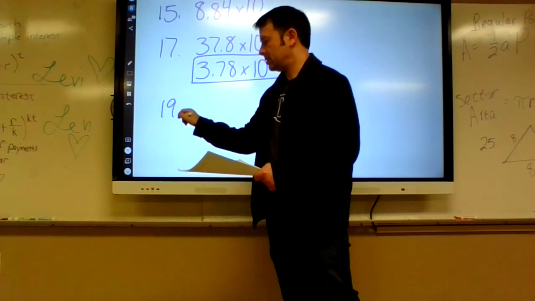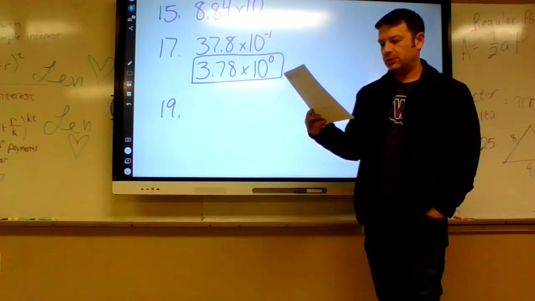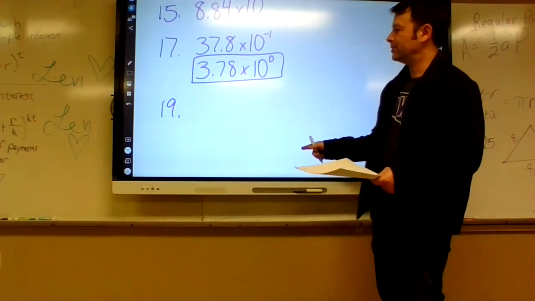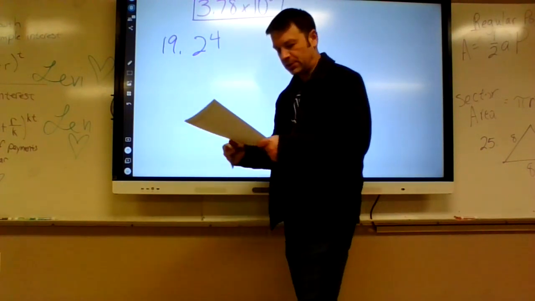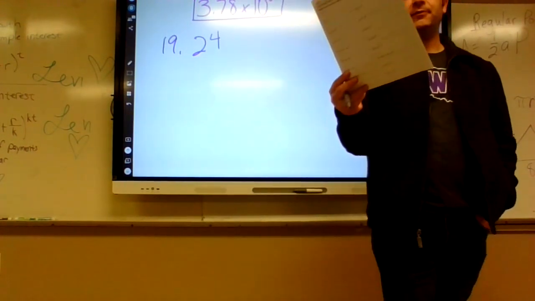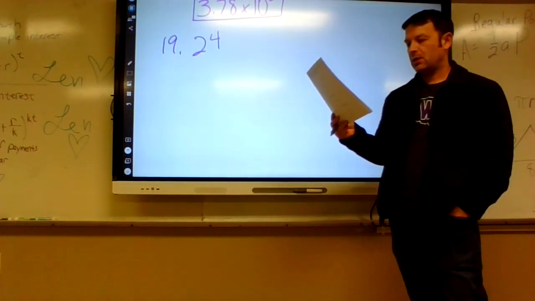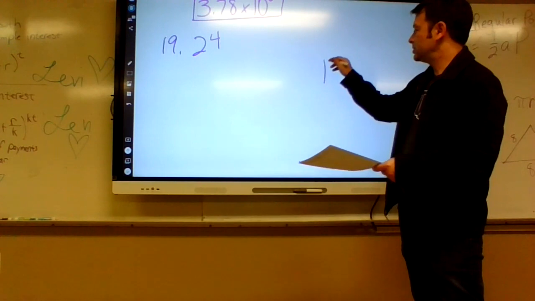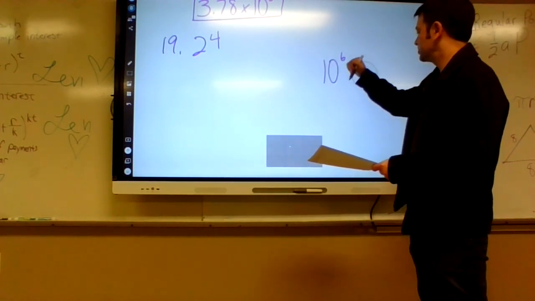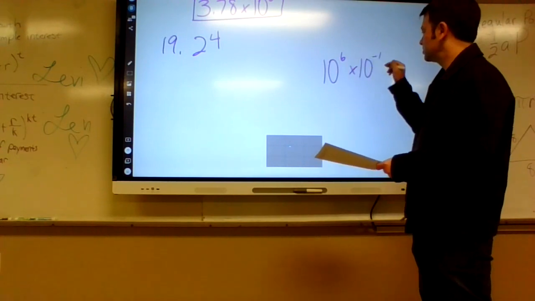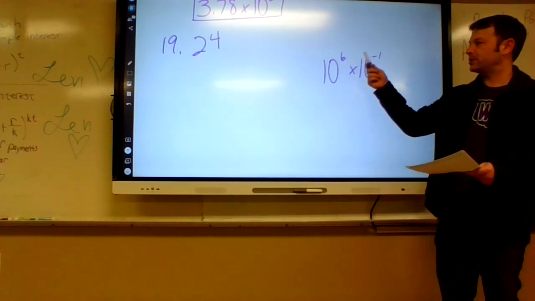Okay, 19. Let's see, Macy, what's 6 times 4? 24. And then what is 10 to the 6 times 10 to the negative 1? When you multiply the same base, what do you do with the exponents?